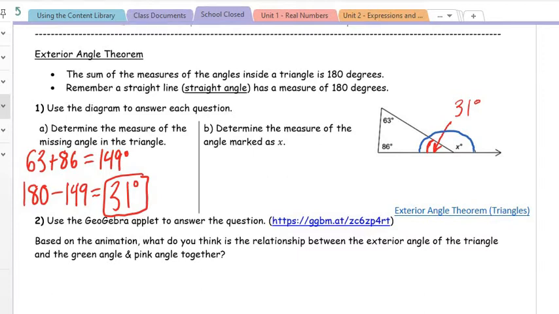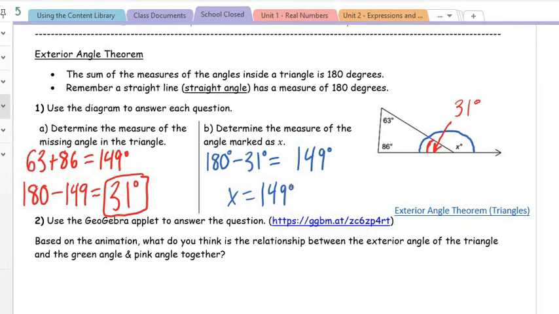So to find that angle marked as X, I've got to subtract 180 degrees minus the 31 degree angle that we just found, and that equals 149 degrees. So in this case, X equals 149 degrees.